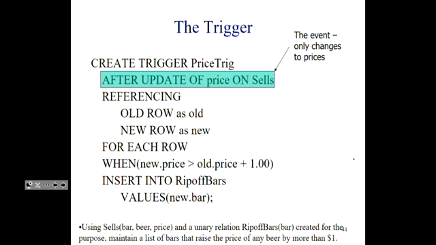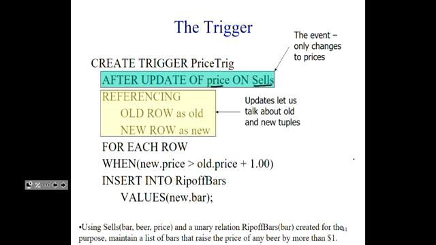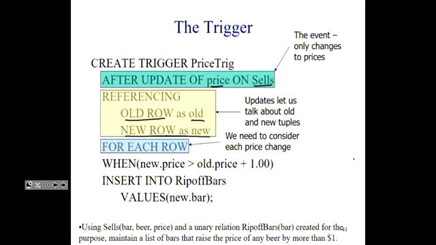Any other updates I don't care about, right? After update of price on sells, I want to look at the old row as well as the new row, right? So I'm referencing the old row as old, new row as new, allowing me to talk about both of those tuples. For each such row, so each such price change, I want to look at the condition.